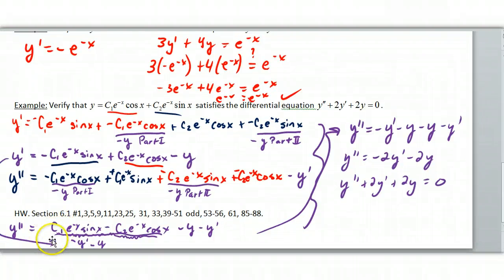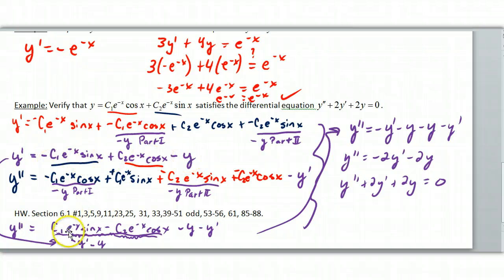So now here comes another tricky part. When I take this second derivative and I have it in this form, minus y and minus y prime from above, this one right here looks very similar to y prime. However, this sign and this sign are opposite. So you might call it the opposite of y prime, but then I have to deal with this one right here as well.